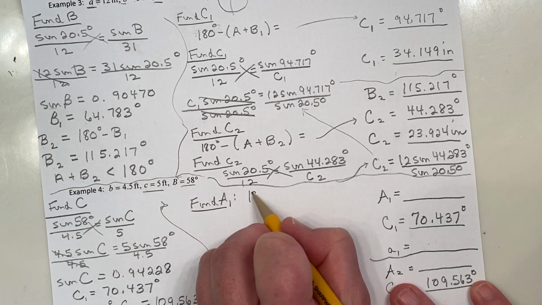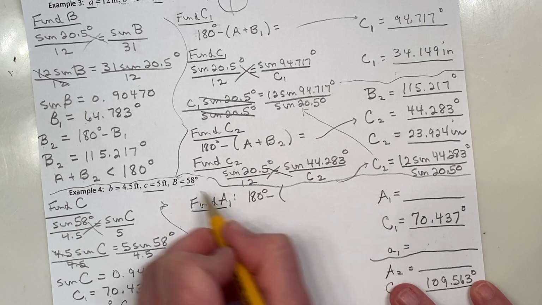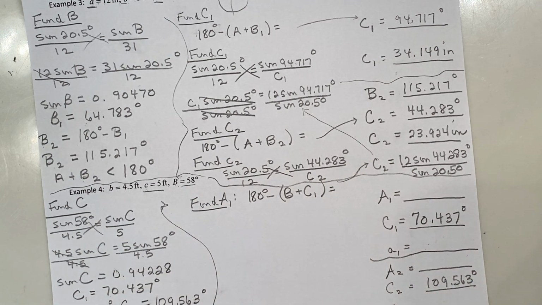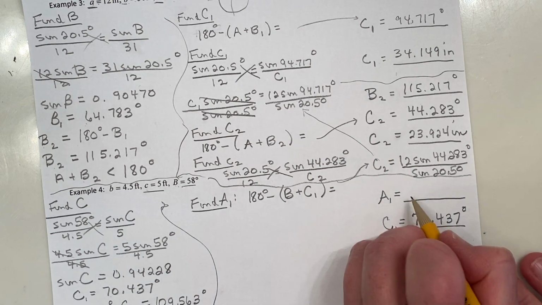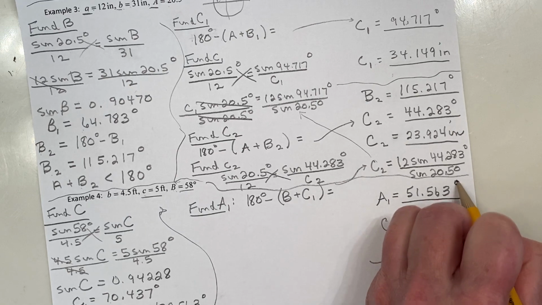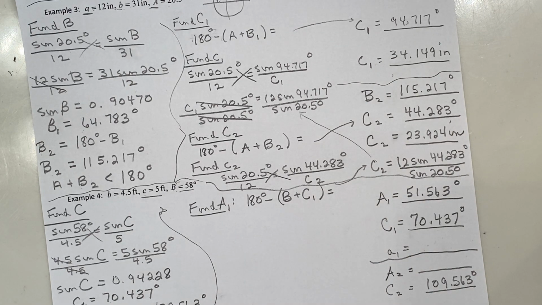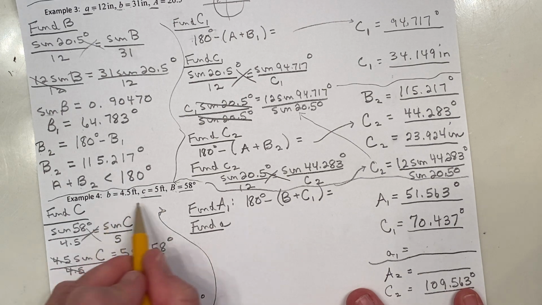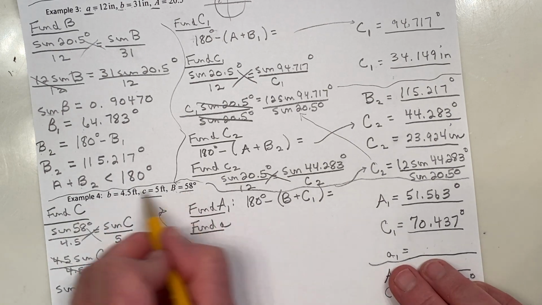Save some room here. What's 180 degrees minus the sum of B plus C sub 1? I got 51.563 degrees. And then what's left is side C. Oh, pardon me, side A. So find A. I'm going back to the given, and I'm going to use the fraction with b's in it.